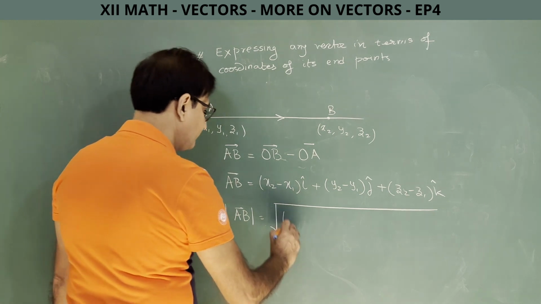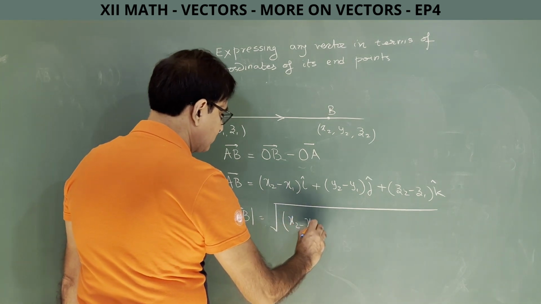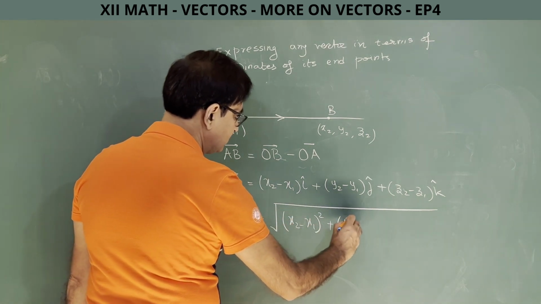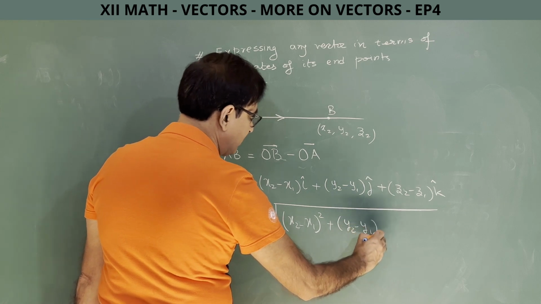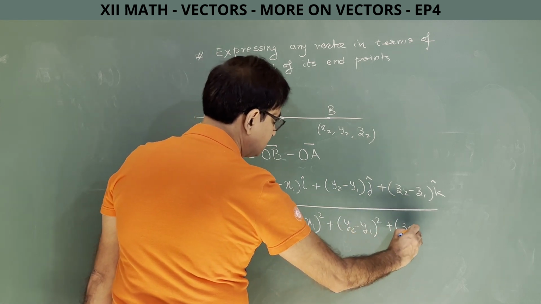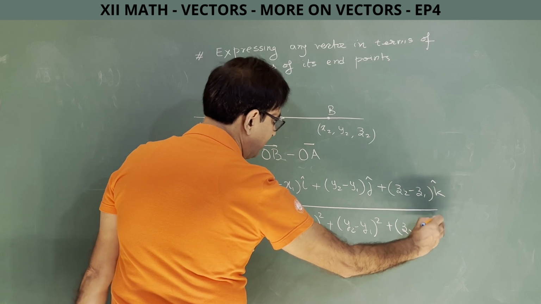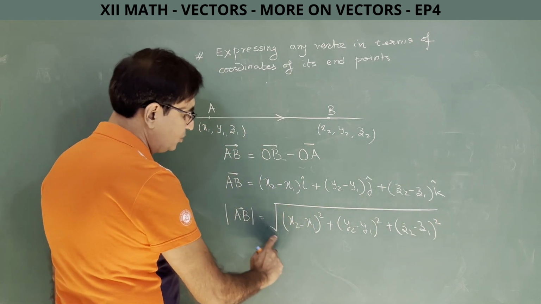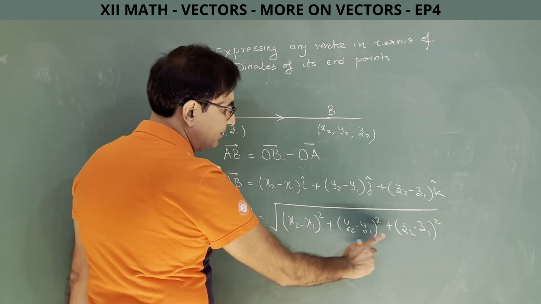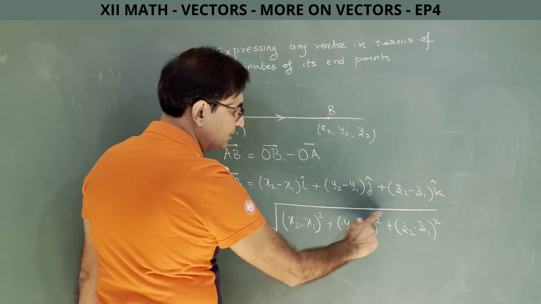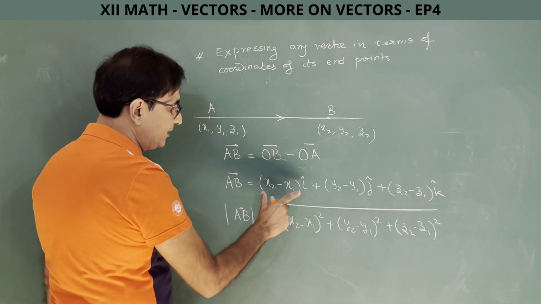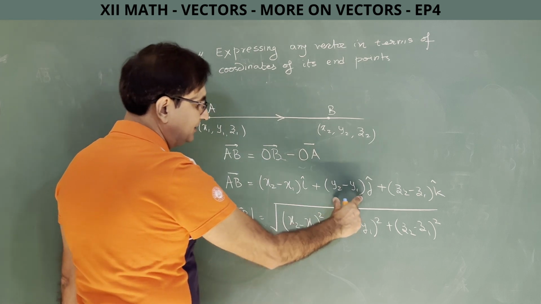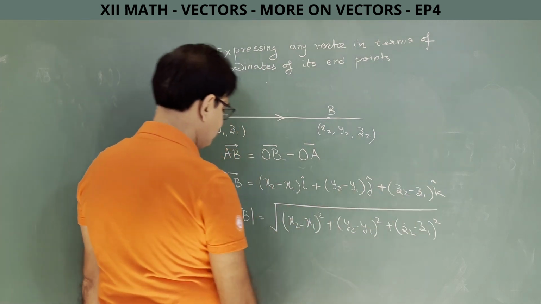So it is the square root of (x2 minus x1) squared plus (y2 minus y1) squared plus (z2 minus z1) squared. It is the square root of the sum of the squares of the coefficients of i's, j's and k's.